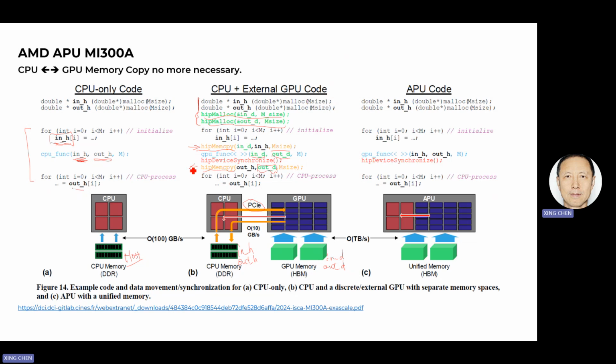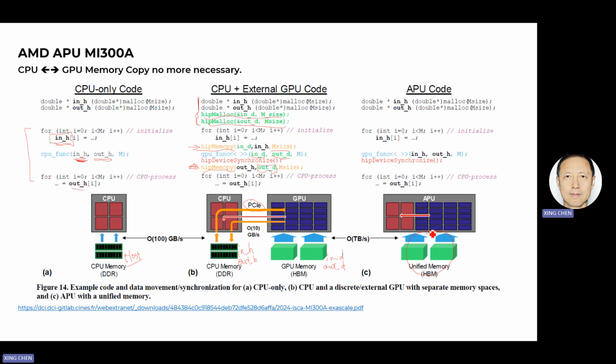So this is the function call that you have to use to copy the data from the CPU to the GPU, and then you can continue. But with this APU design, with the unified memory, right now you don't have the difference between the host and the GPU.